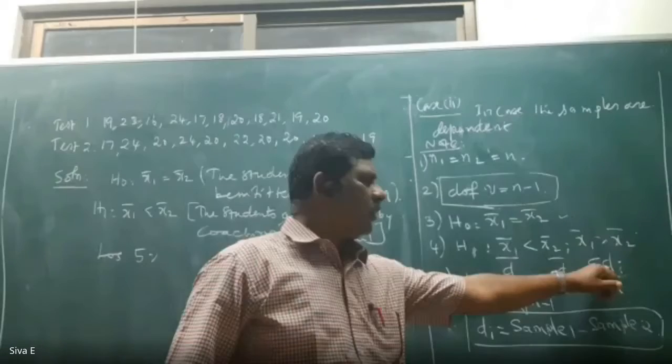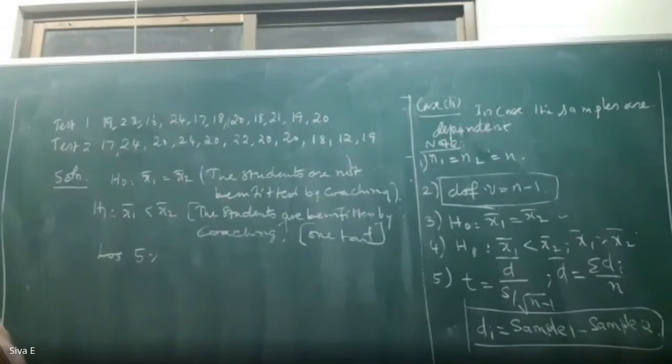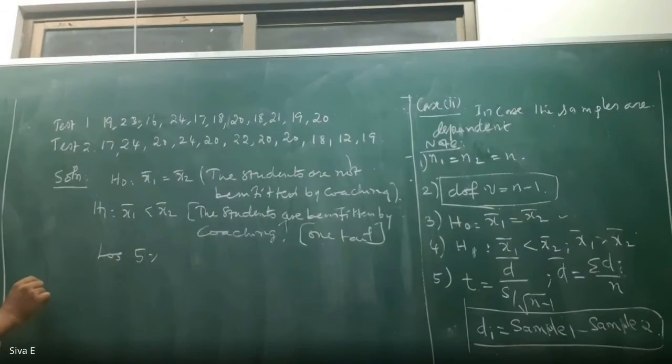Now we have to calculate the D value. What is D here? D is sample 1 minus sample 2, X1 minus X2.